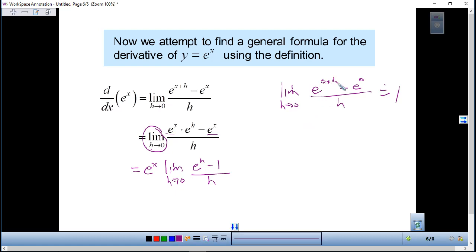Well, what is 0 plus h? That's just e to the h, right? And what is e to the 0? Well, that's just 1. So we said that the limit as h approaches 0 of e to the h minus 1 over h was equal to 1. That means this value right here is 1. So we have e to the x times 1, which equals e to the x.